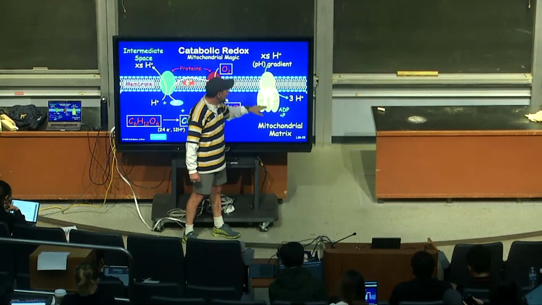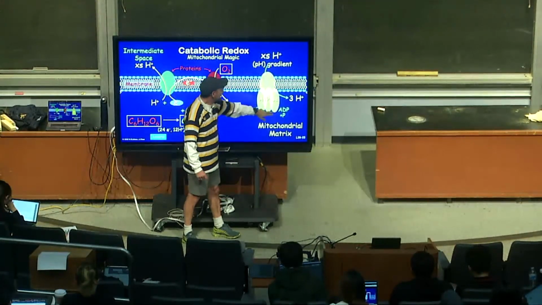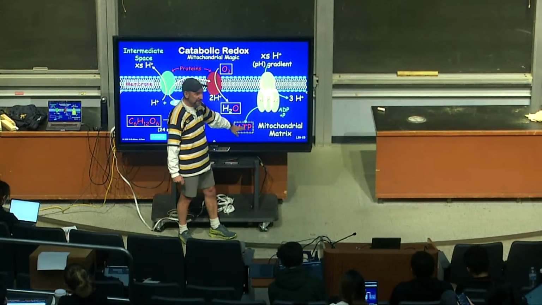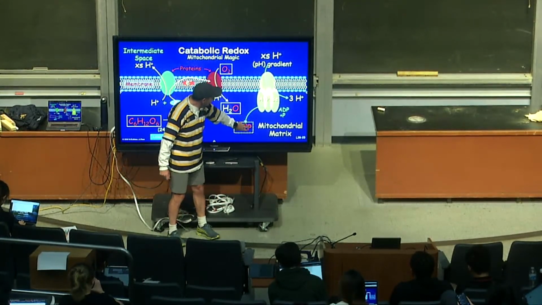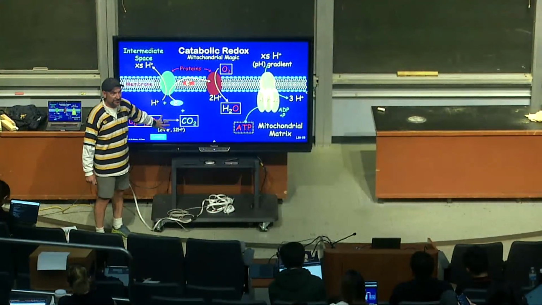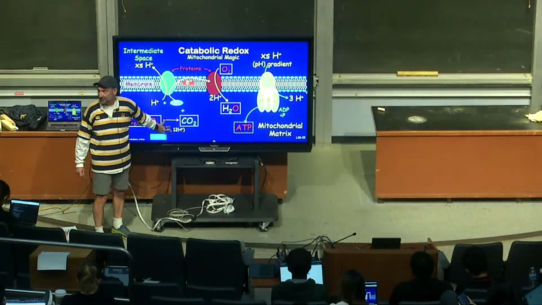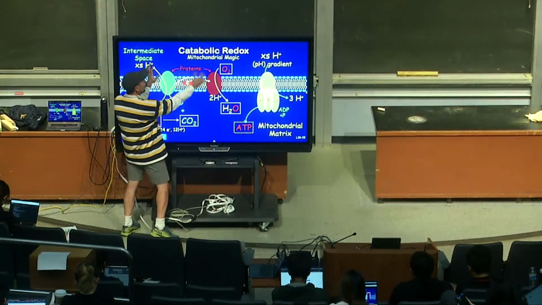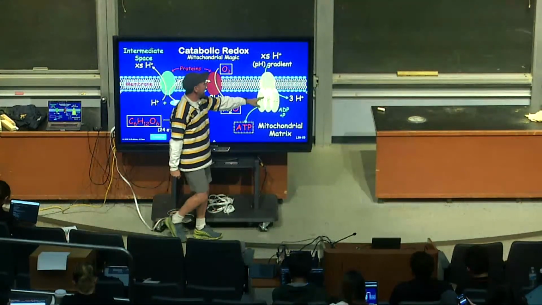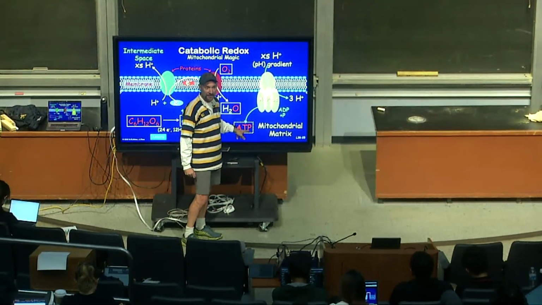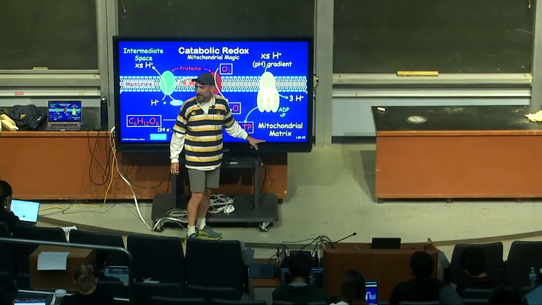This giant enzyme attaches a phosphate to an adenosine diphosphate and makes ATP. That is the capture of the free energy of this oxidation-reduction reaction. So your body is a little battery that's powering a proton pump, and the proton pump makes ATP from ADP.